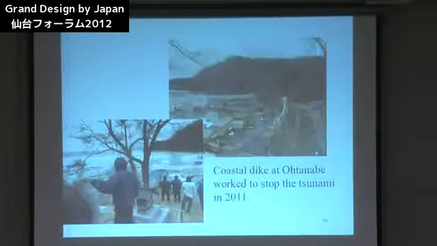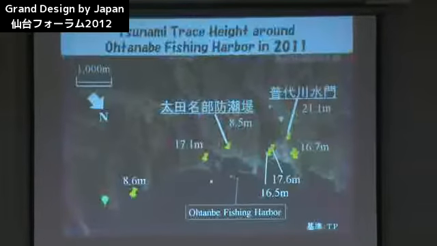So this is what actually happened in Watanabe. This is the Watanabe seawall. The tsunami is coming. But here, you see, outside the Watanabe fishing harbor, tsunami height was 16 or 17 meters. And here it's only 8 meters or so.